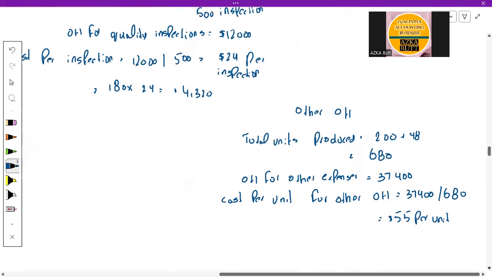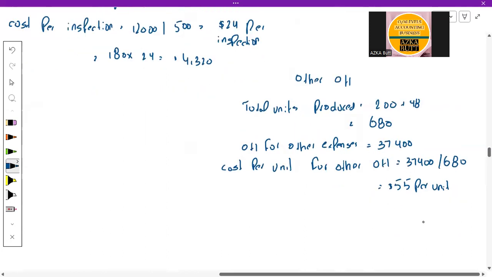And other overheads for product A would be, because its number of units was 200, 200 number of units multiply 55 is equal to 11,000.